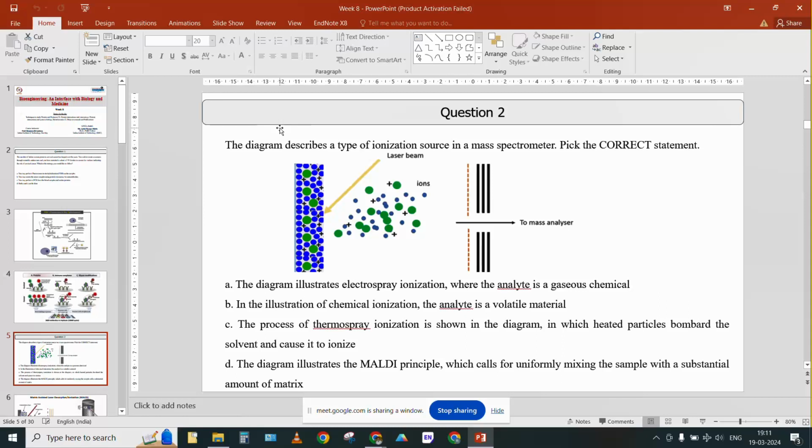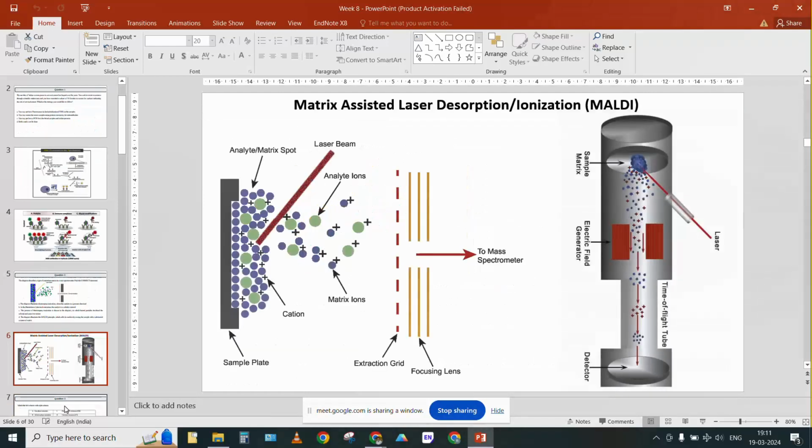And option D, the diagram illustrates the MALDI principle, which calls for uniformly mixing the sample with a substantial amount of matrix. MALDI is an ionization technique that uses a laser energy absorbing matrix to create ions. Wait, I'll show you the diagram first.